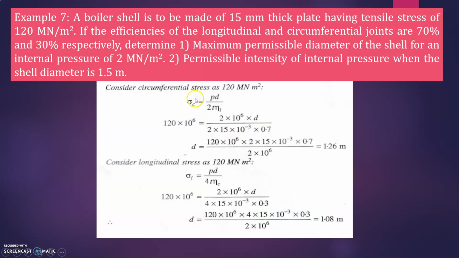We know the formula σC is equal to PD divided by 2T, but here efficiencies are given, so you have to consider PD divided by 2T into the efficiency of the longitudinal joints.